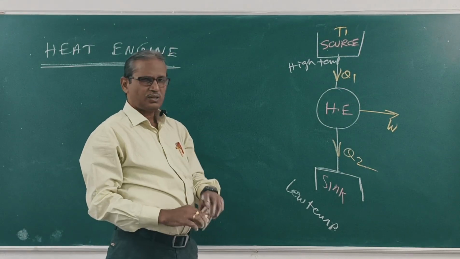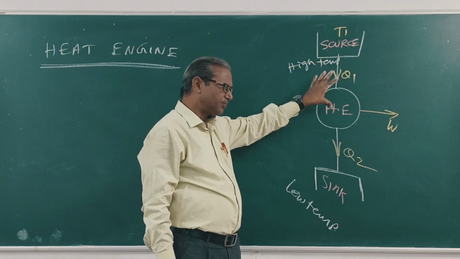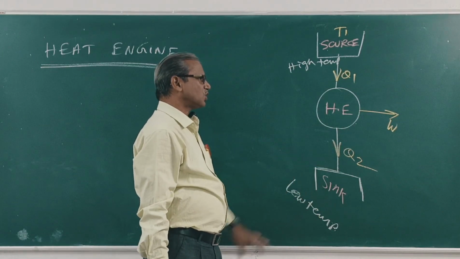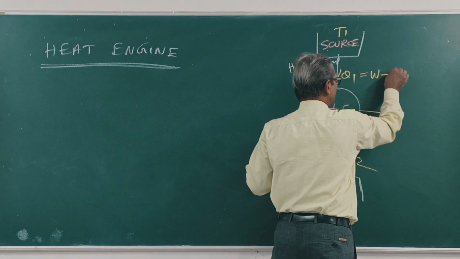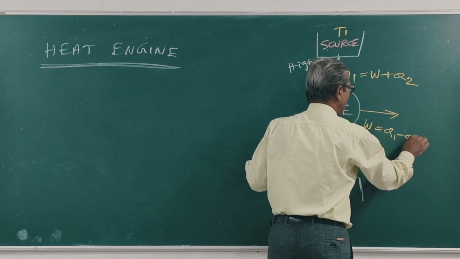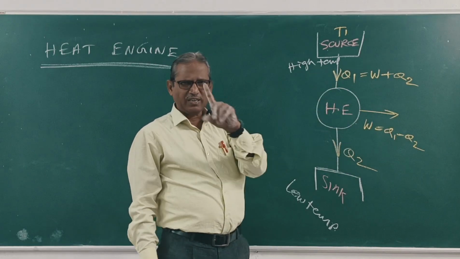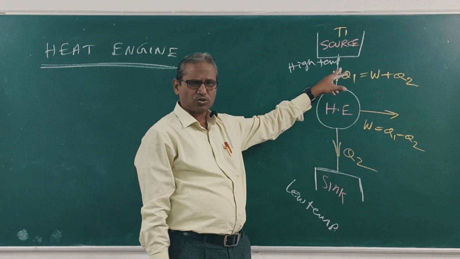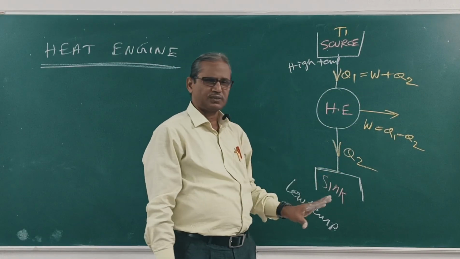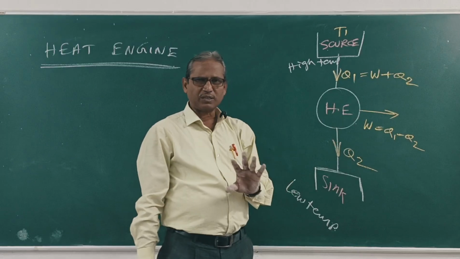The heat engine takes heat Q1 from the source, does some work, then supplies heat Q2 to the sink. So Q1 is equal to W plus Q2, or W is equal to Q1 minus Q2. Suppose 10 kJ of heat is supplied to the engine from the source. 6 kJ is converted to work. The remaining 4 kJ is supplied to the sink. Clear? So Q1 is equal to W plus Q2, or W is equal to Q1 minus Q2.